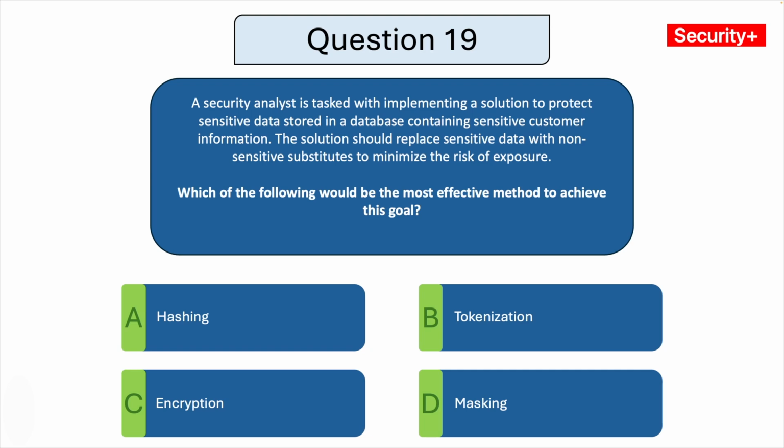Between tokenization and masking, I'm heavily leaning towards tokenization. They're both methods of obfuscation, but tokenization replaces sensitive data with substitute data, whereas masking usually replaces it with something like an asterisk. So I'm going to go with B, tokenization.